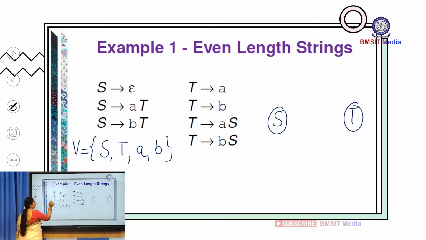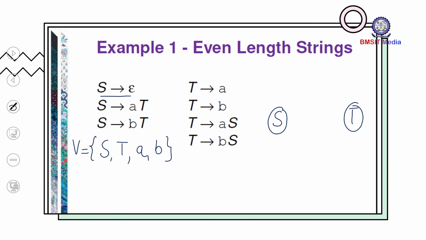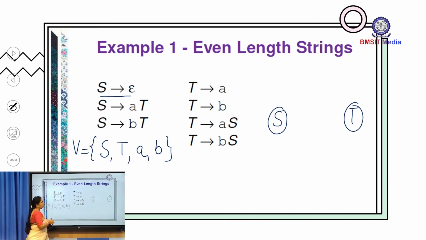Now when we look at the production S tends to epsilon, the rule is of the form X tends to epsilon. So it's obvious that I have to make the start state itself the accepting state. I have done that, so the start state becomes the final state.